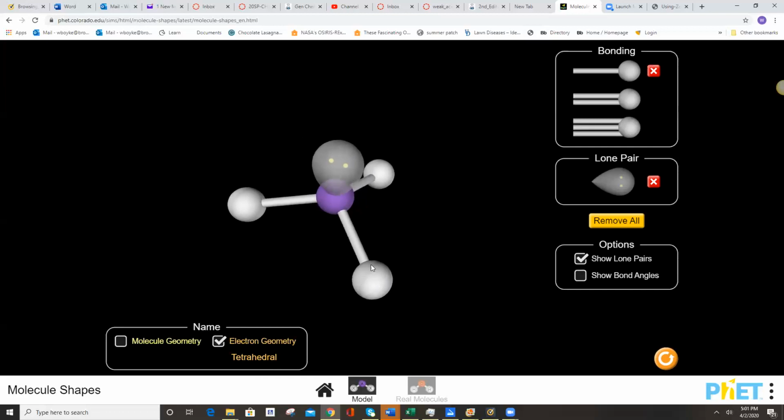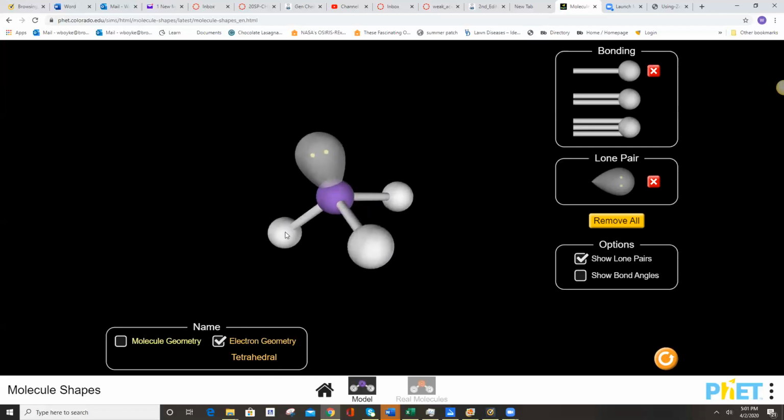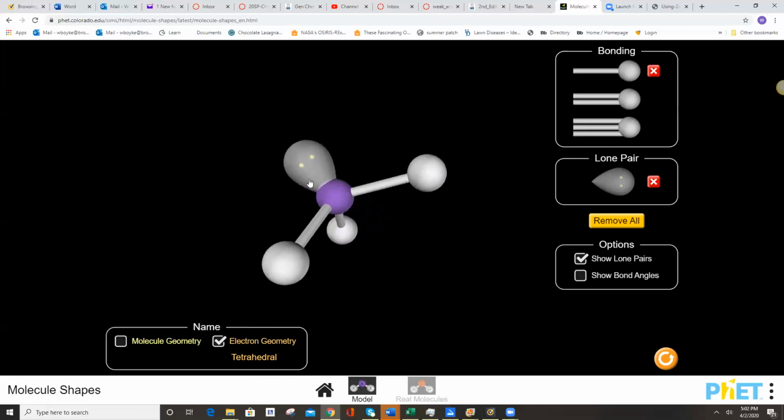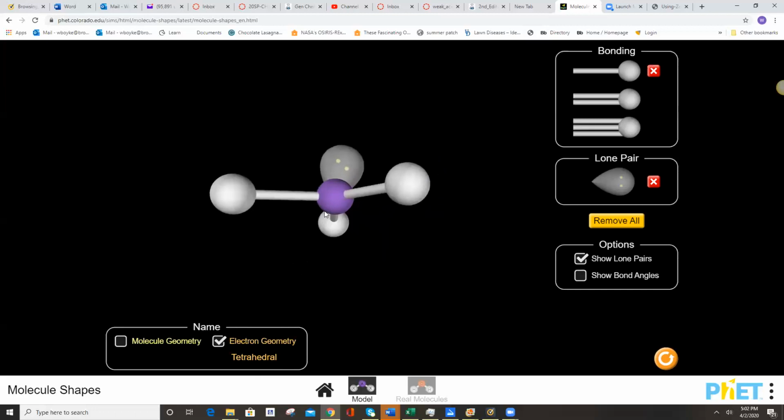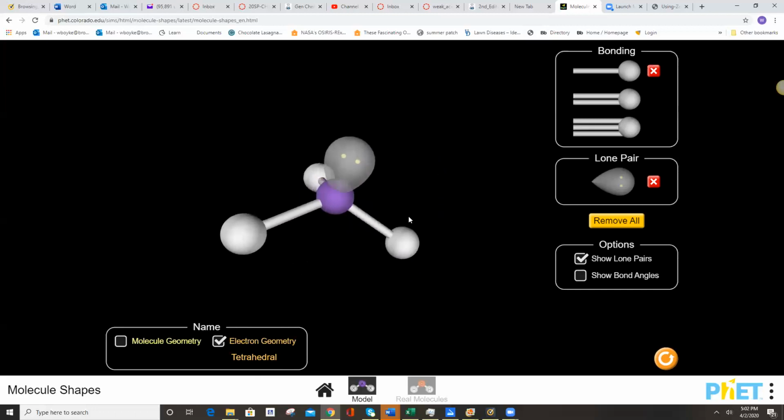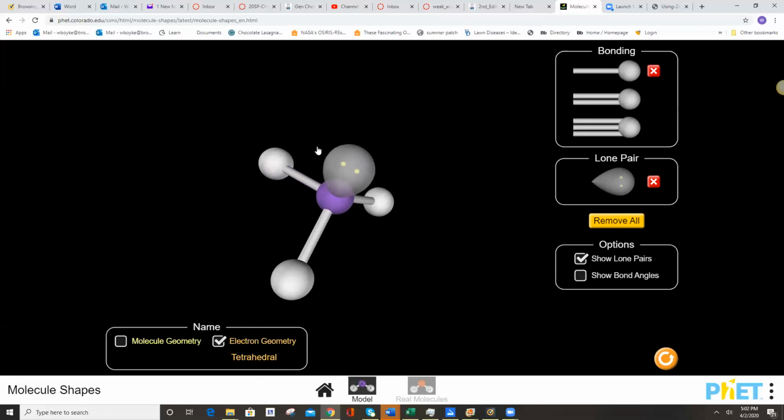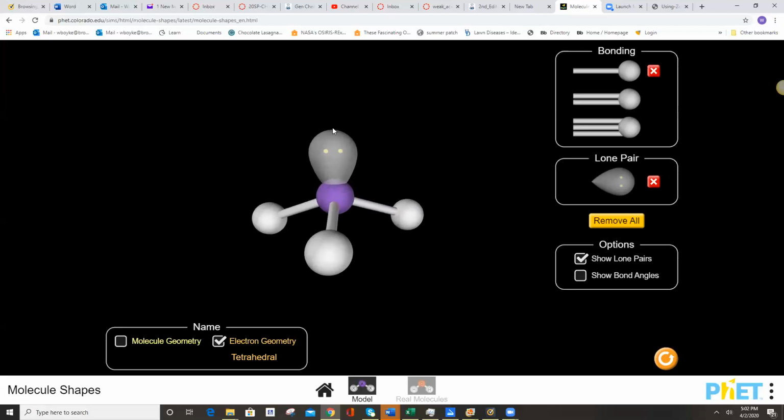Now the molecular geometry, though, when we're doing the molecular geometry, I'm just moving the molecule around. I encourage you to come on here and play with these molecules so you can see how they're actually working, so you can see these in 3 dimensions.